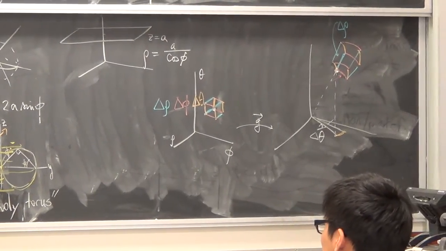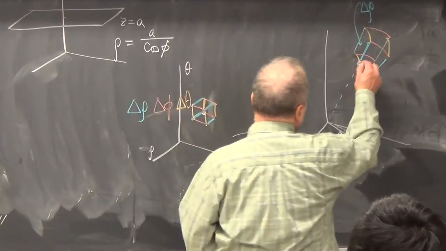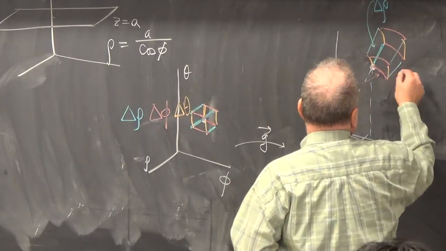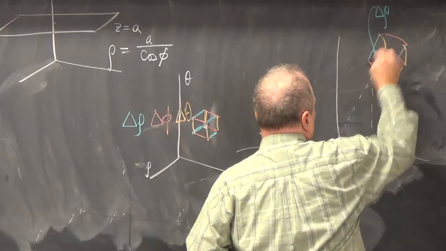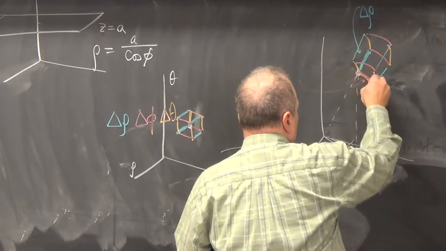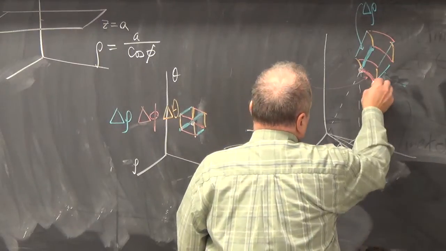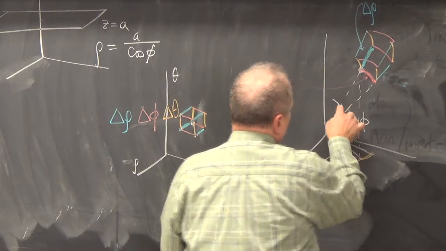What are the dimensions of that curvilinear box? Well, the blue guy is just delta rho, right? I already put him in there. Delta rho is this dimension. What's the pink dimension here? That came from varying phi. So we have delta phi as this angle here.